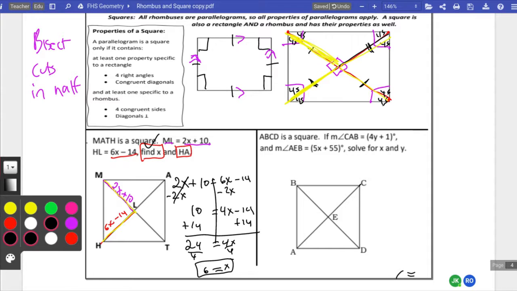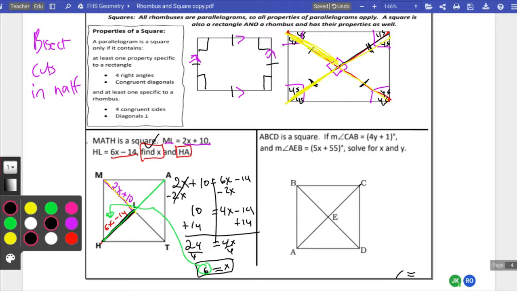So check, I have figured out where x is. Now I have to find HA. What you can do is take this 6 and plug it in anywhere. Let's plug it right here, because if I do that, it would give me a true value of HL. And once I know HL, HL will be the same distance as HA, then I can find the whole length.